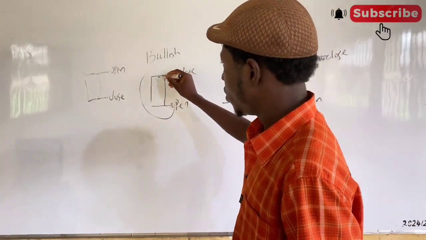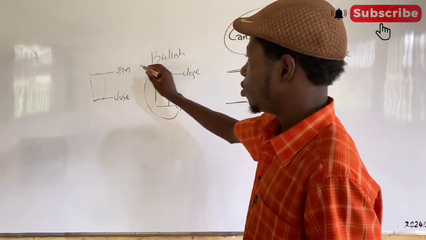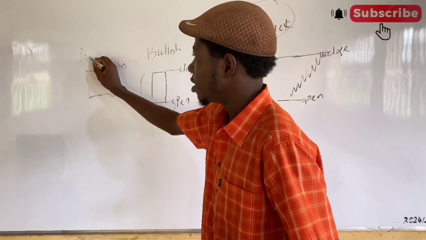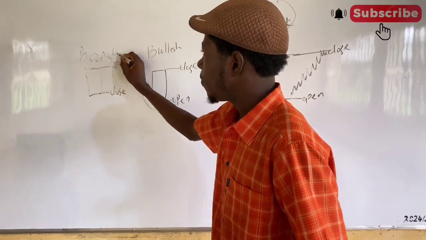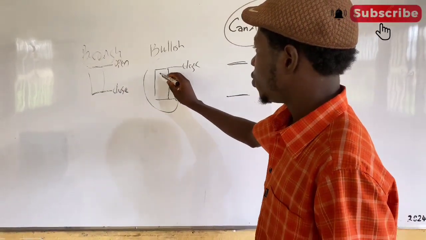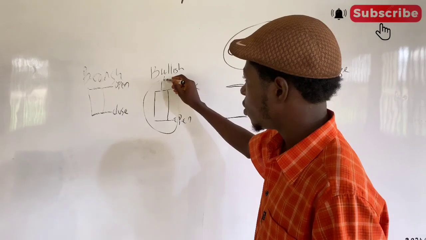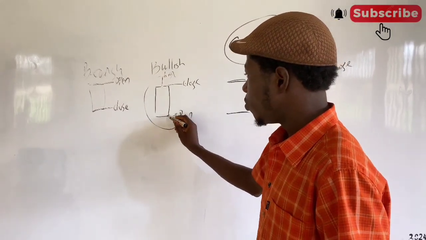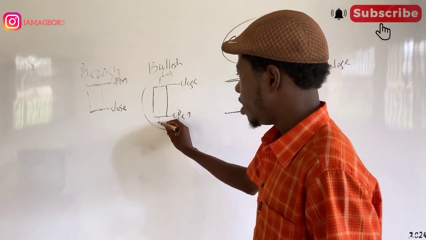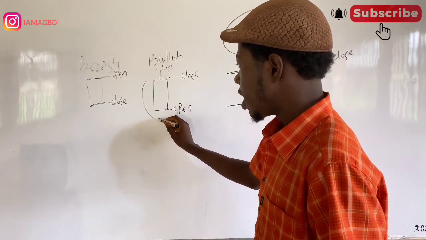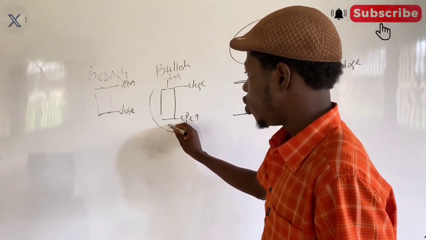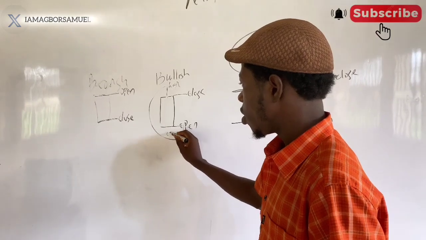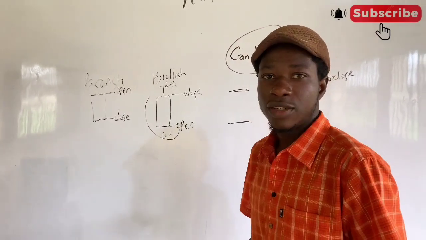So for example, for a bullish candle, if it opens here and trades up to this point, this is called the high of that candle. And if it opens here and trades below the open price, this is considered to be the low of this candlestick.